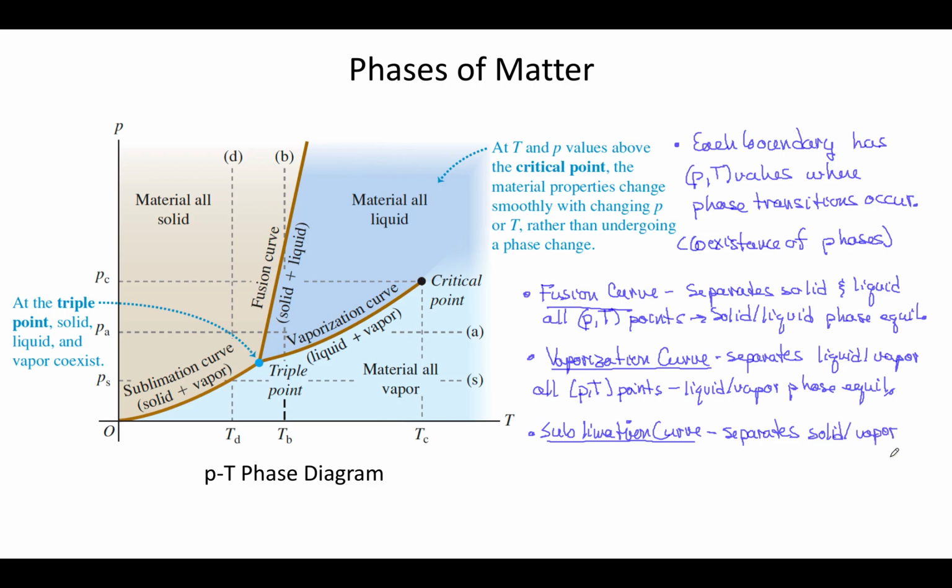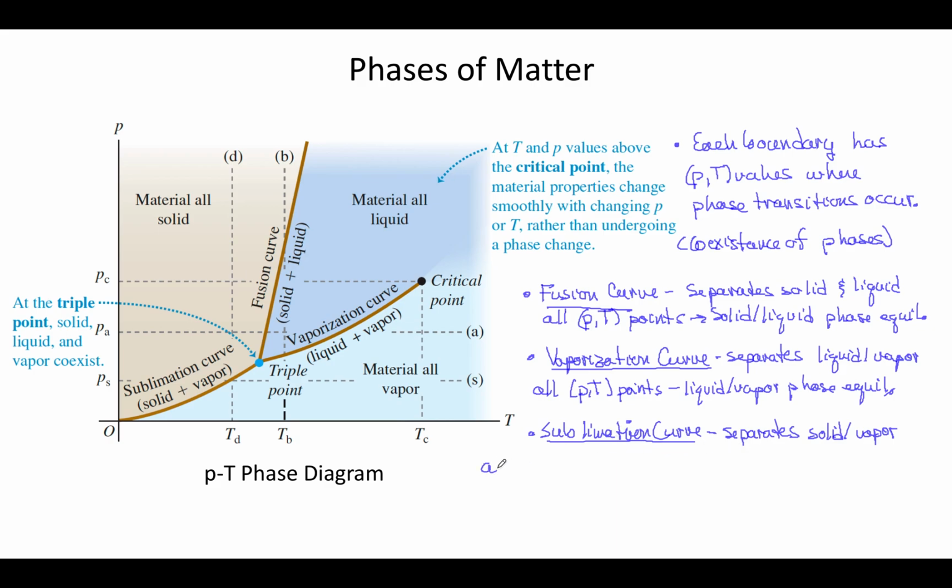With, of course, carbon dioxide ice, solid carbon dioxide, easily sublimates, and so you see it turning immediately into a vapor. It doesn't do well as a liquid at room temperature and atmospheric pressure.